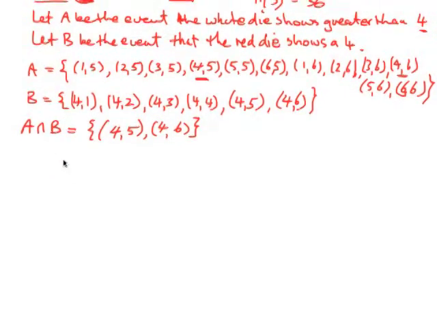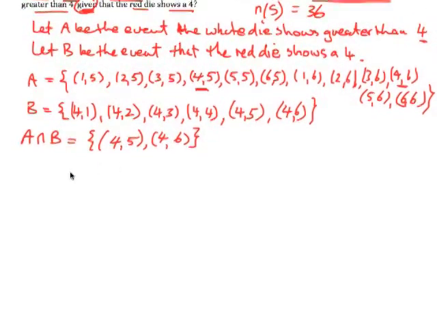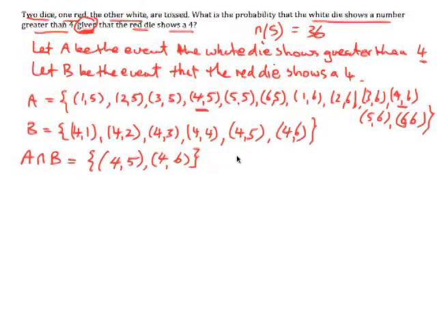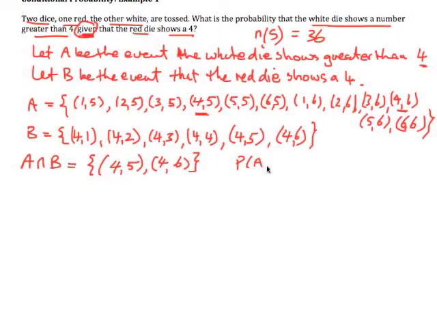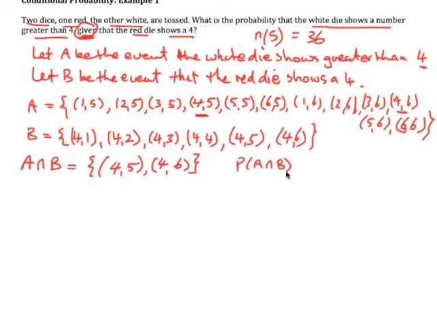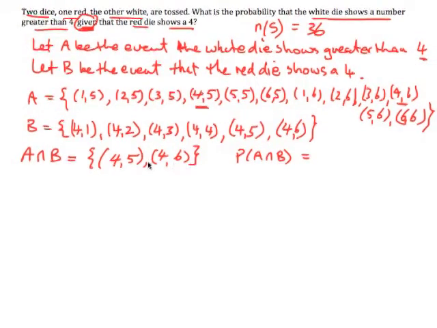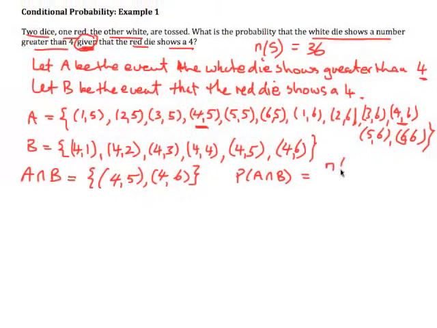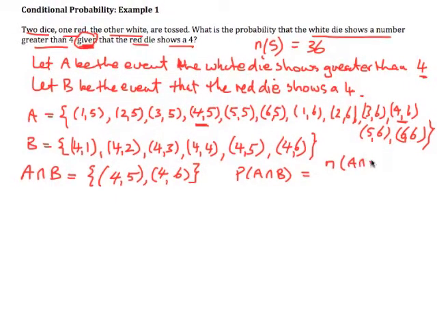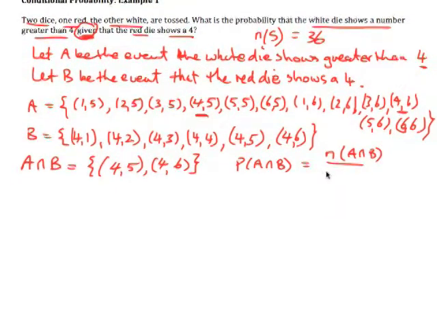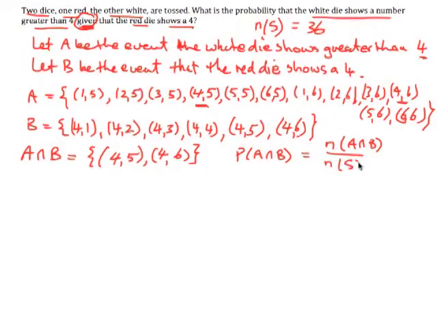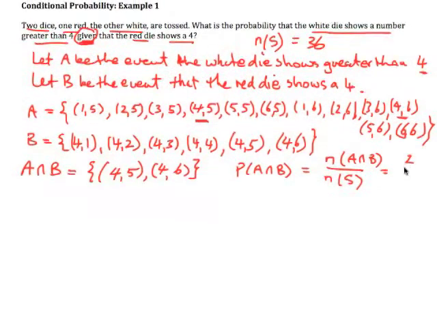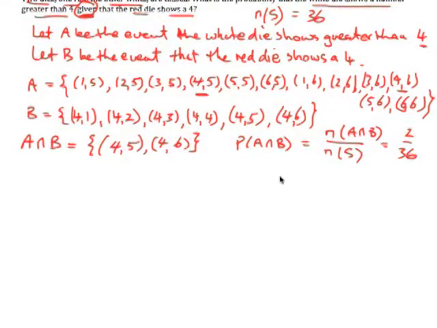Right, let's look at the probabilities of these things. So let's look at the probability of A intersect B first off. The probability of A intersect B is going to be 2 over the total sample space, so it's going to be 2 on 36.